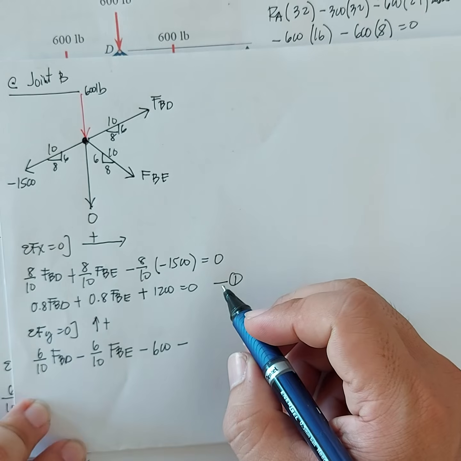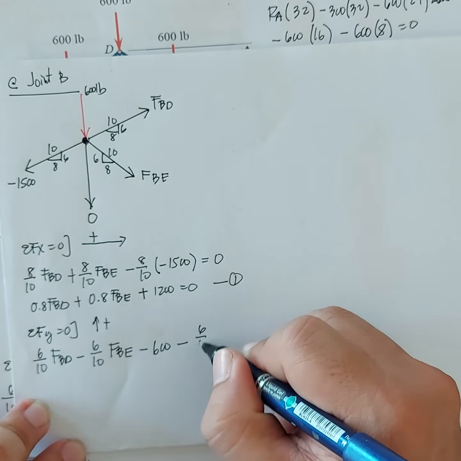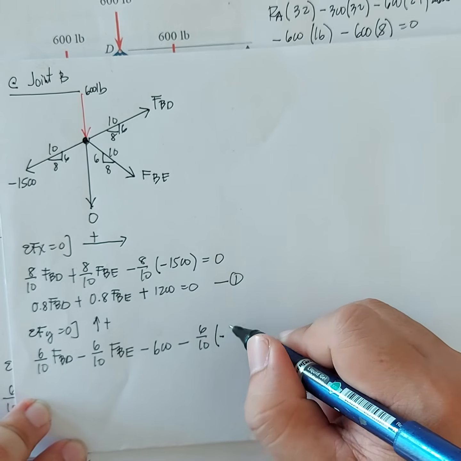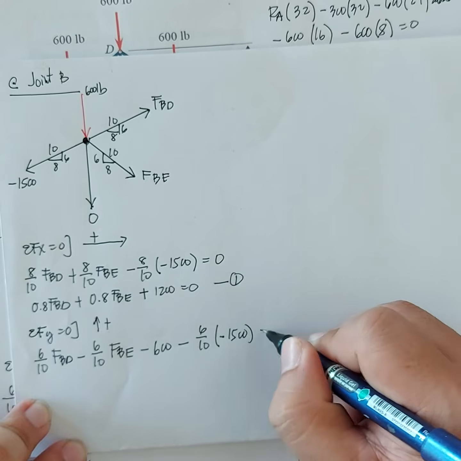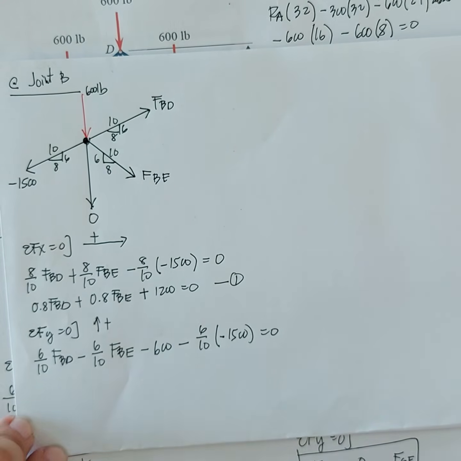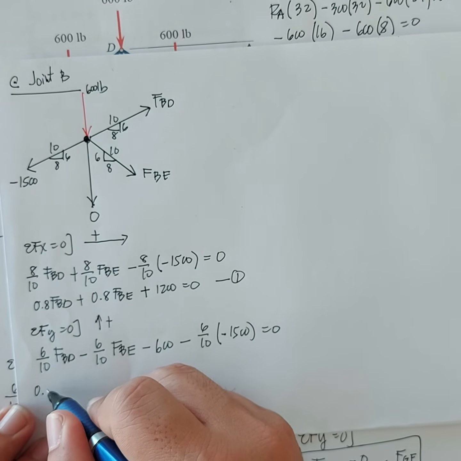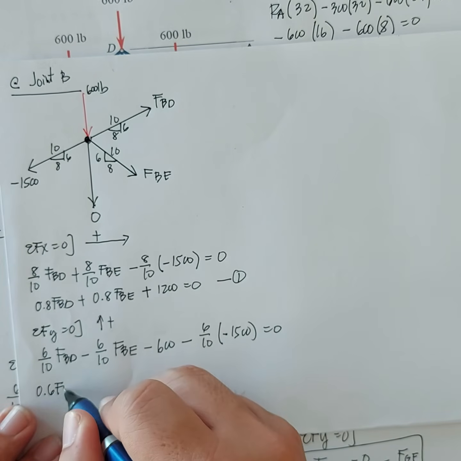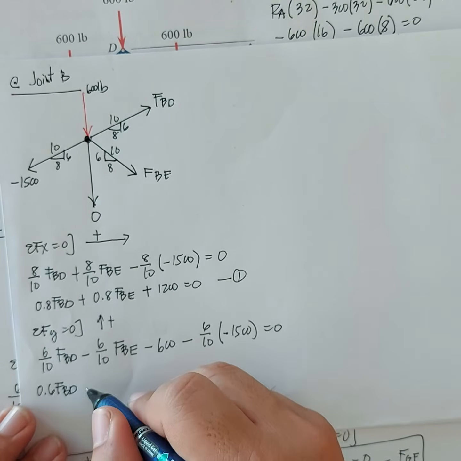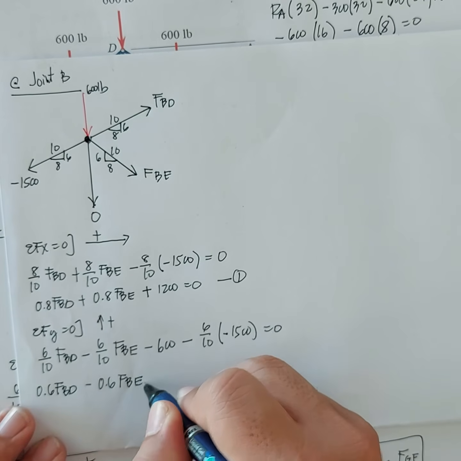Okay. Minus yung vertical component of the 1,500 pound force. So we have 6 over 10 of negative 1,500 equals 0. So simplify na natin ito. So this is 0.6 of FBD, okay, minus 0.6 of FBE.